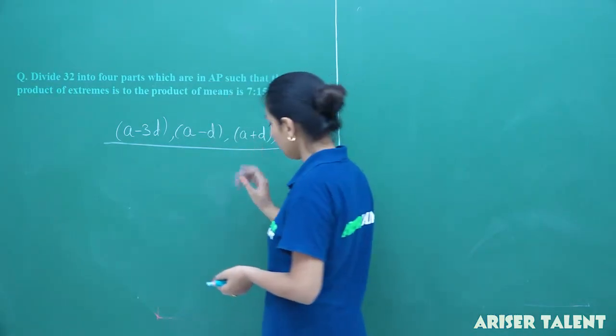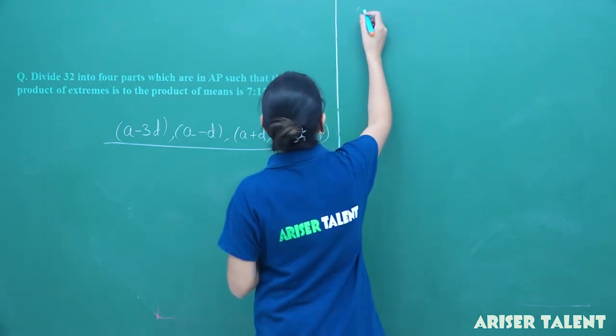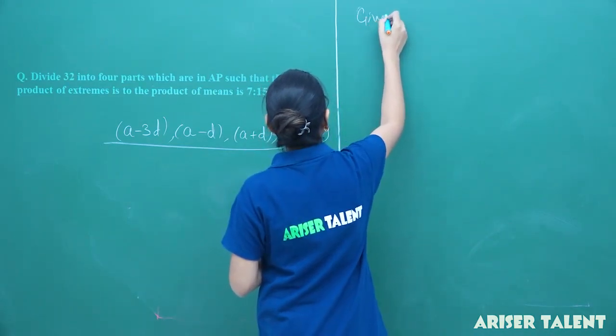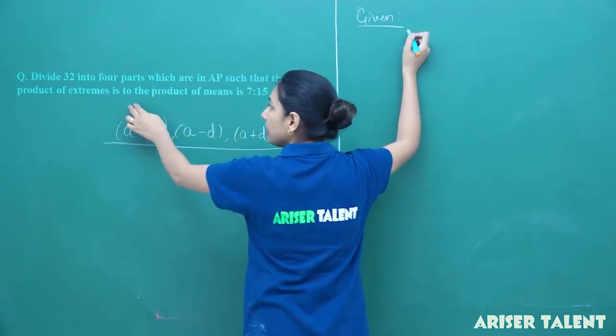Okay. So, now it's saying given that the product of extremities. Okay.